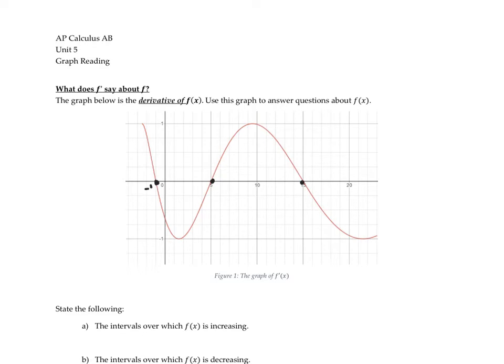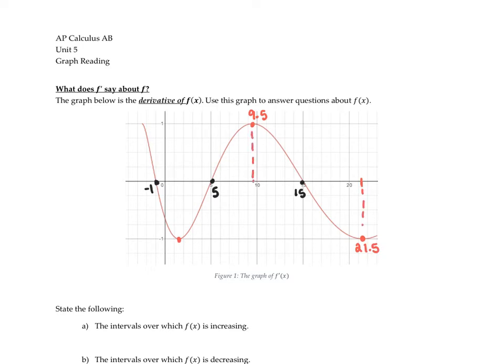So we've got zeros at -1, 5, and 15, and then the approximate location of the extrema. So my extrema are approximately, it looks like, at 9.5, 21.5, and I'm talking just about the x coordinates.